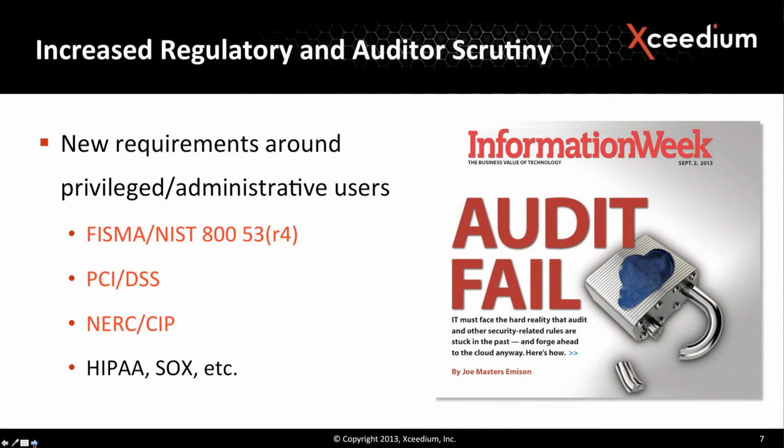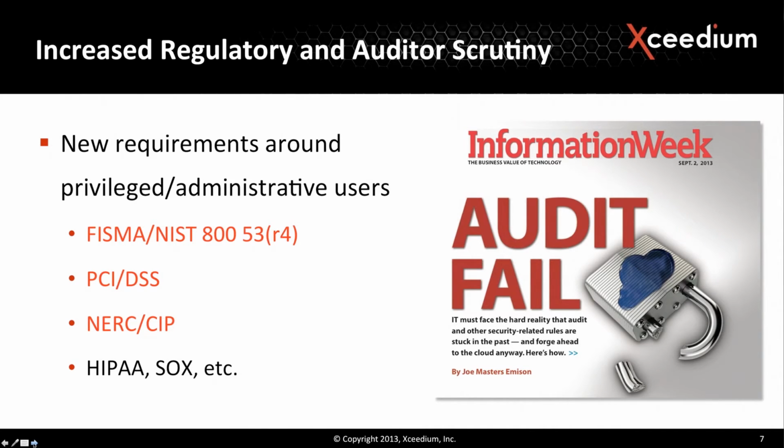They came out with a revision number 4 very recently that had a whole lot to do with additional controls required to protect against this particular risk. Others have followed suit. PCI and the data security standard has that laced within it. The NERC CIP requirements, the latest versions of those, also have it laced in.